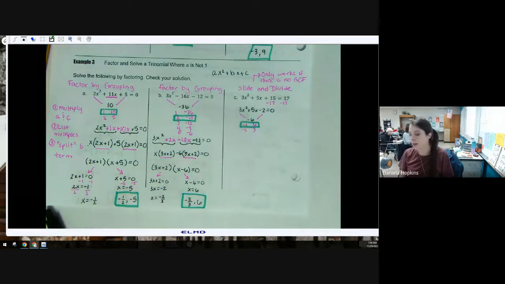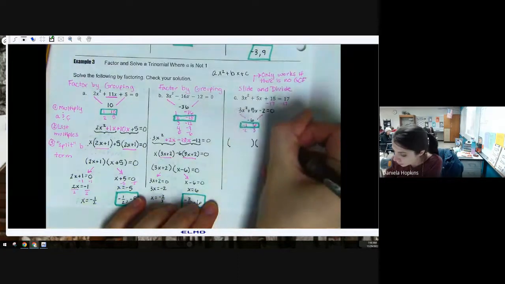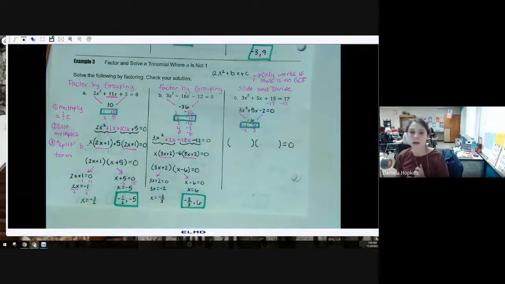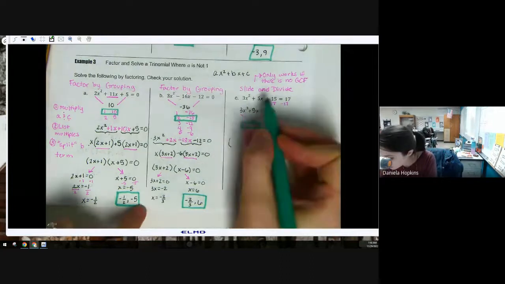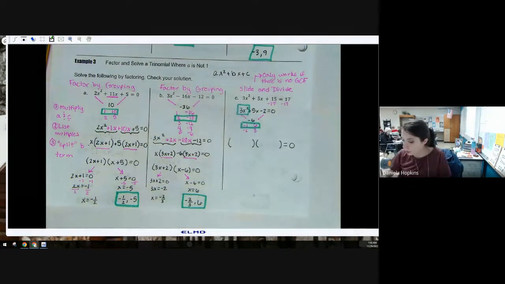Okay, here's where slide and divide is different. Guys ready for slide and divide? The setup is you have your two factors. So we're going to jump right to the factor, and this is where it's not mathematically sound. You take this leading coefficient, but instead of this x squared, you're just going to put a 3x.